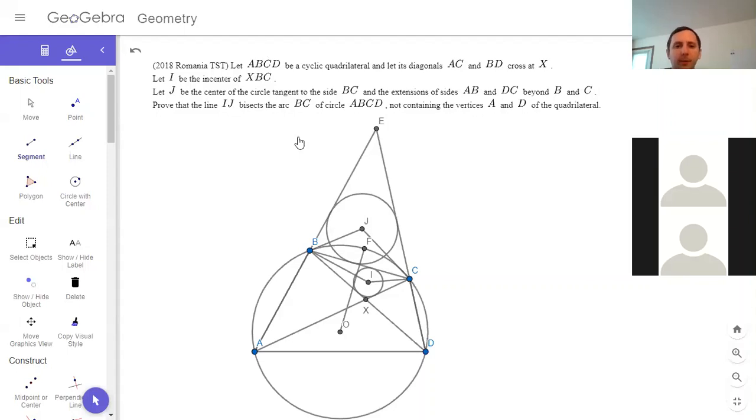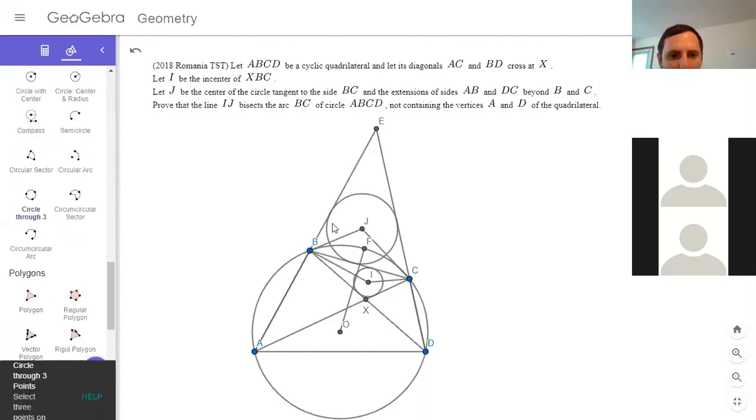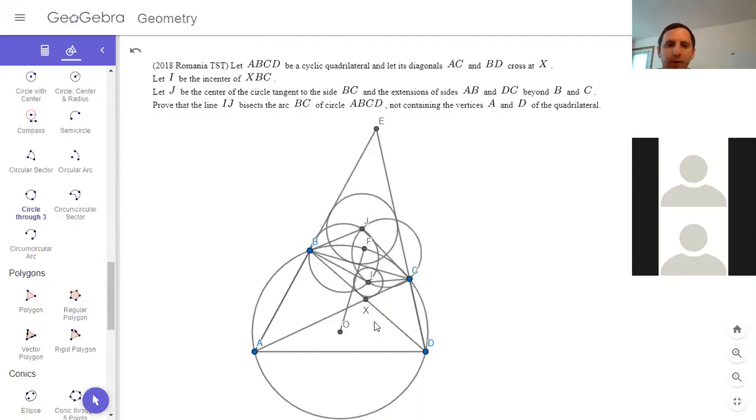Because if they're equal, that means the circumcircles of triangles IBJ and ICJ are the same size. So basically that means that F lies on the radical axis of those two circles. I kind of like that. Let's see, so if I draw those two circles, IBJ and ICJ, they're the same size, and I want to show that F lies on the radical axis of them.